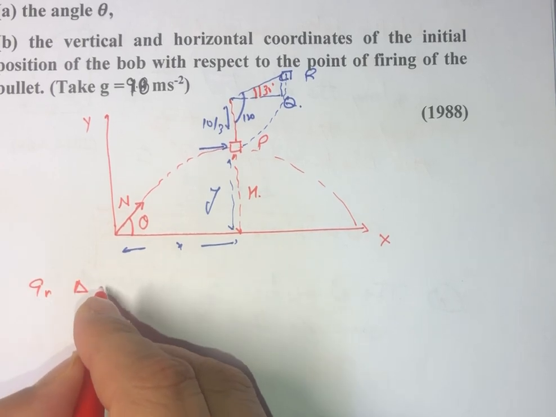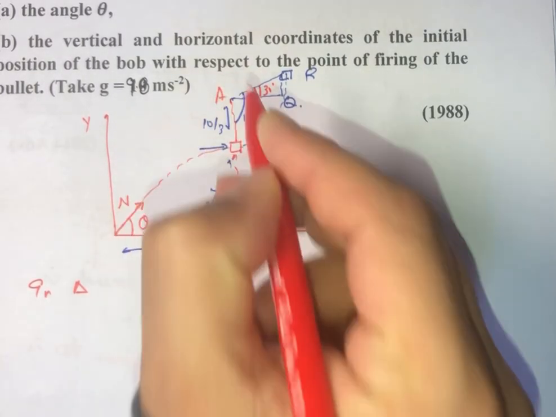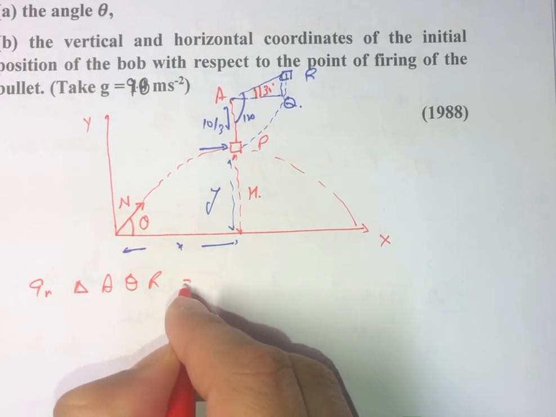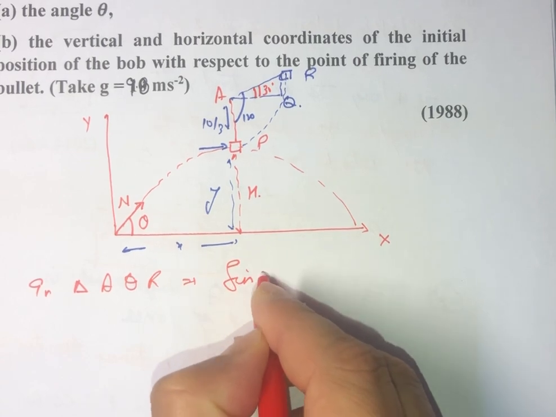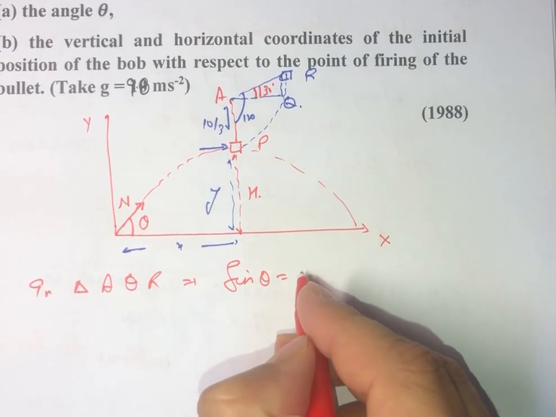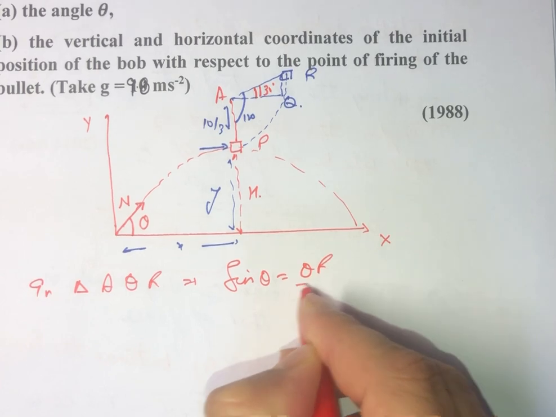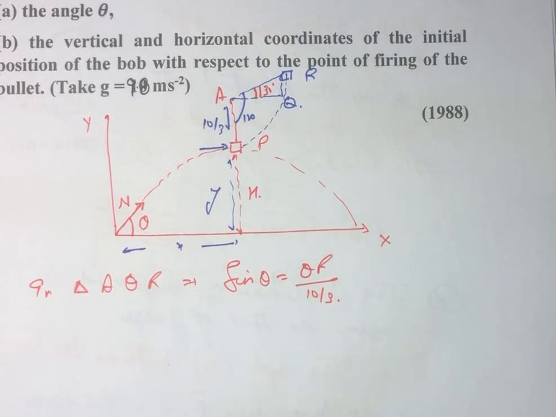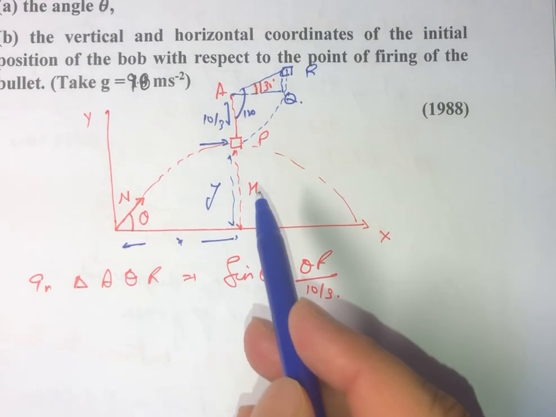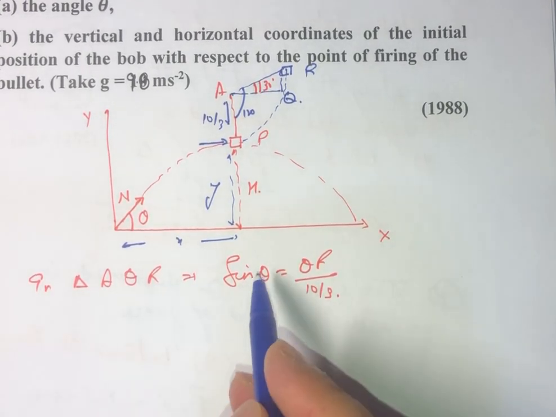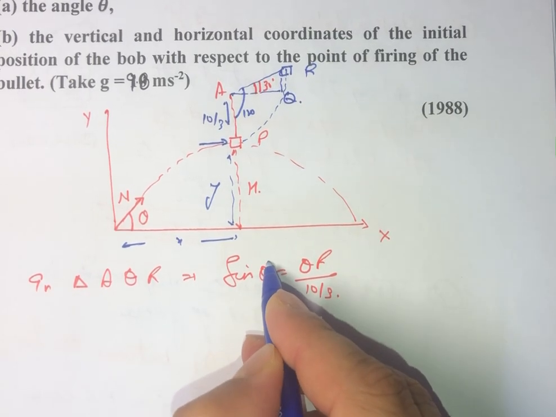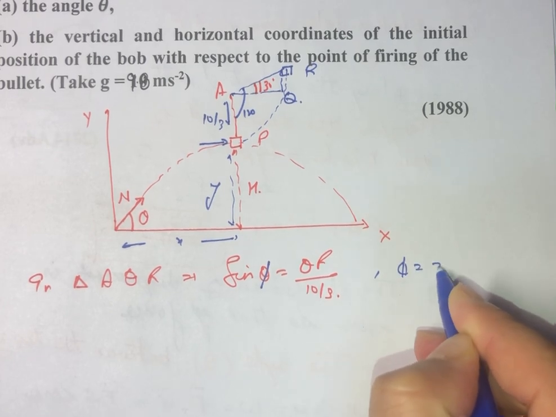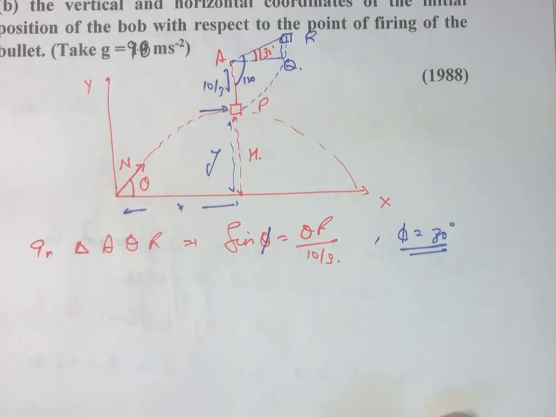We can say in triangle, let us call this point A, AQR, we have sine of theta is equal to QR upon 10 by 3, and theta is, sorry, let's not write theta, let us call it phi, where phi is equal to 30 degrees.